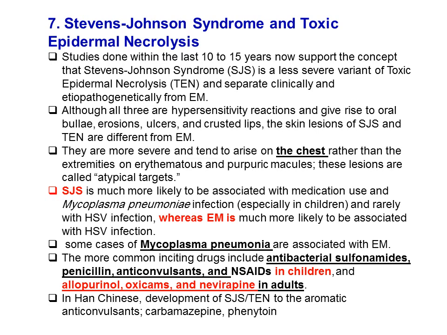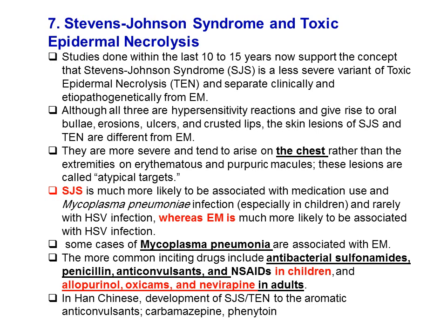Although all three are hypersensitivity reactions and give rise to oral erosions, ulcers, and crusted lips, the skin lesions of Stevens-Johnson syndrome and toxic epidermal necrolysis are different from erythema multiforme.